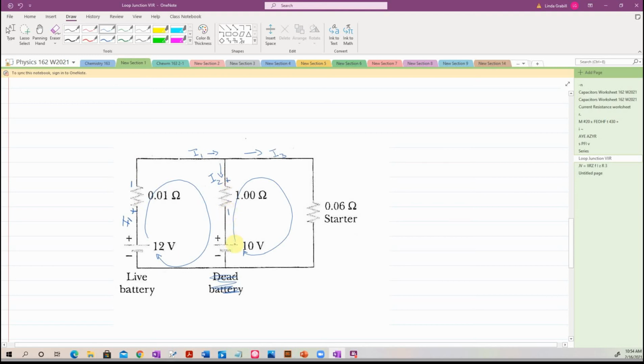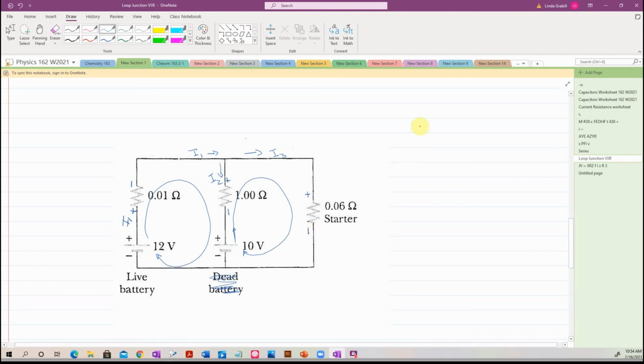That means if I'm saying current is going to come out of here from this power source, that it's going the opposite direction as to what I defined as positive. Now I'm coming around here. I haven't touched this 0.06 ohm resistor yet, so we're just going to go ahead and label that high to low. And let's talk about what we're going to do with that power source.